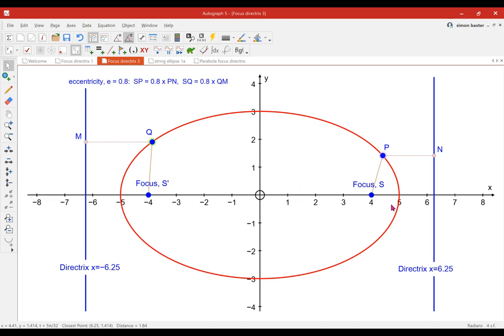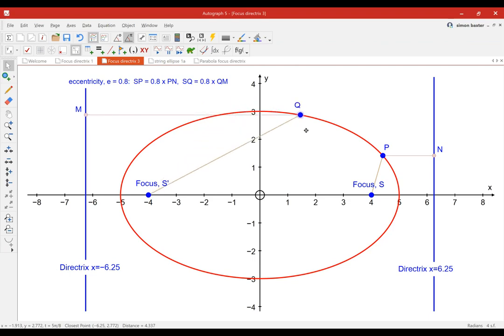Here we can see the same ellipse, focus at 4, directrix at 6.25. But now I have a focus at minus 4, directrix at minus 6.25. And here, if I move this point Q, you can see that QS dashed is approximately equal to, well, it's exactly equal to, but we're just looking at roughly 0.8 times QM.